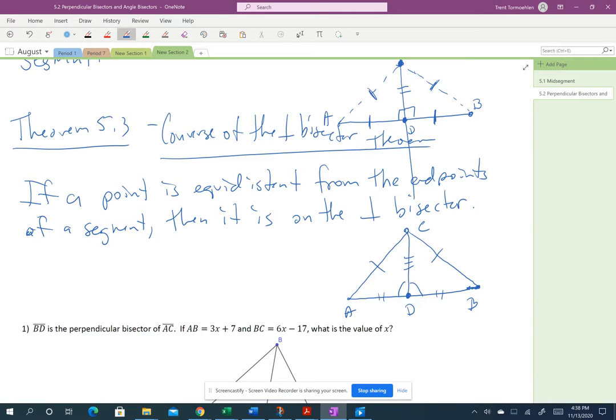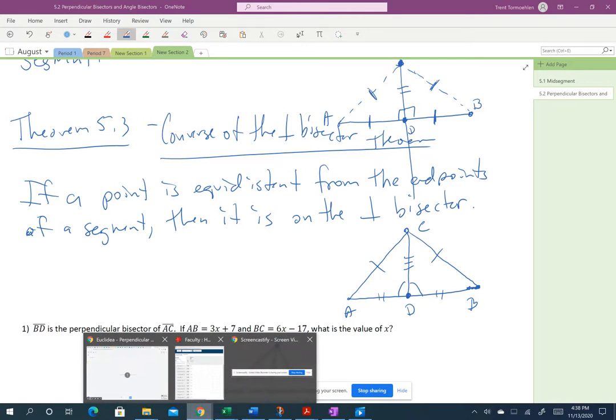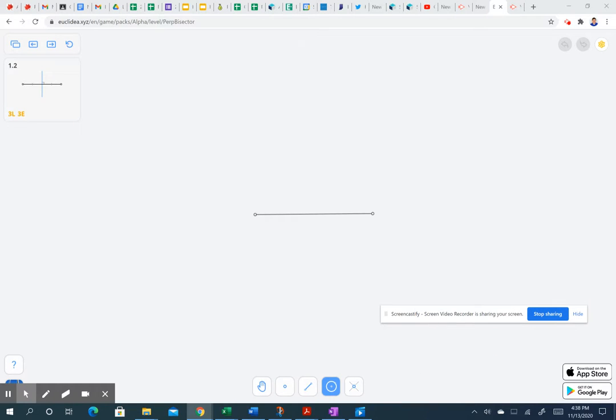Now, one of the ways that this converse is super useful is that it explains why the perpendicular bisector construction works. Here's how the construction works. We pick one of the two points, and I'm going to pick this one, and we draw a circle through the other one.